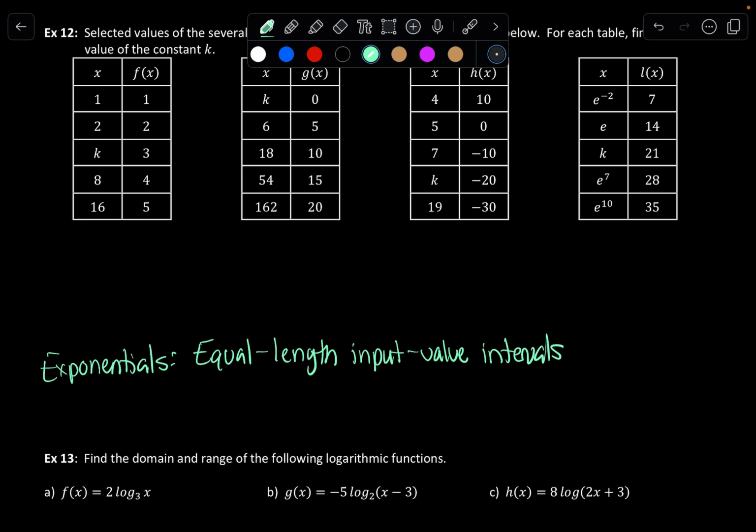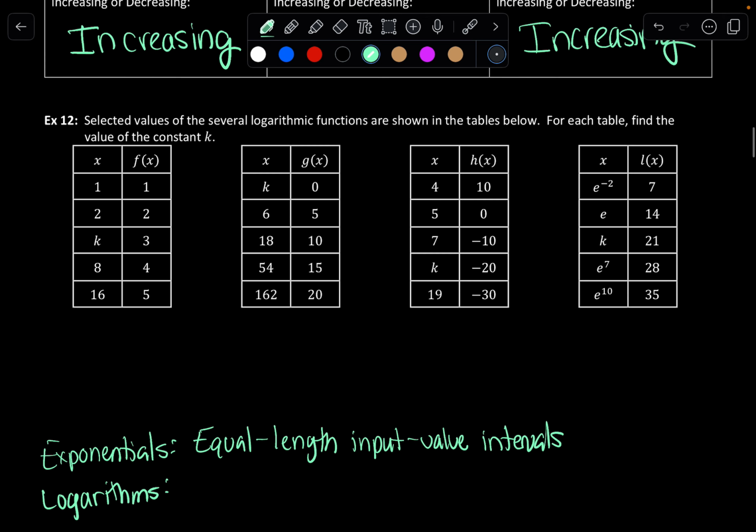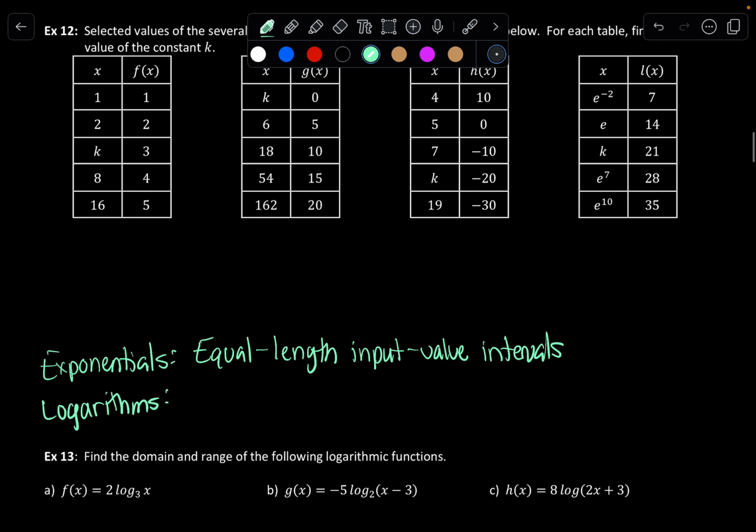Okay, now logs are the inverse of exponentials. So that means our x and our y's are going to switch, which means our inputs and outputs are going to switch attributes. So now for tables that involve logarithmic functions, you're going to have equal length output value intervals.